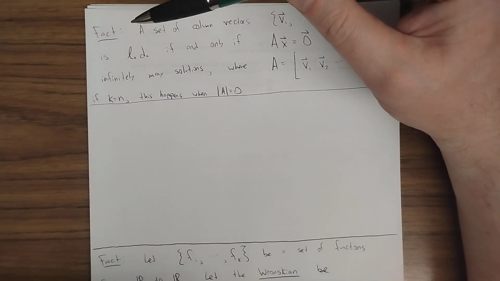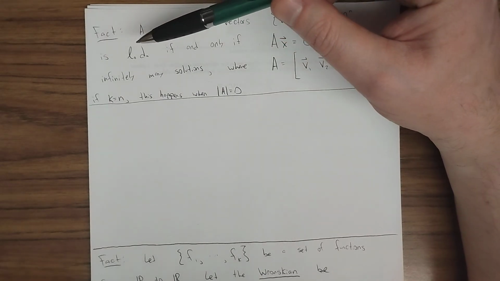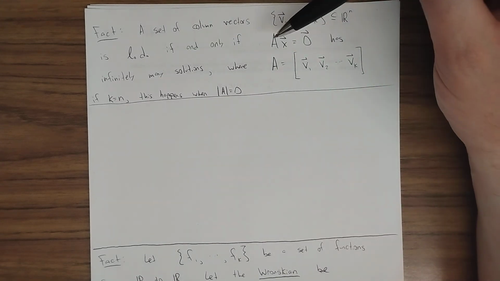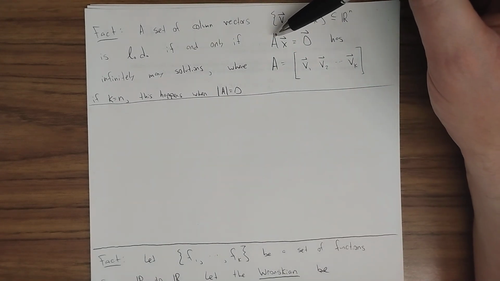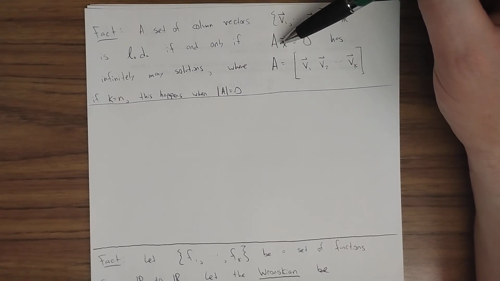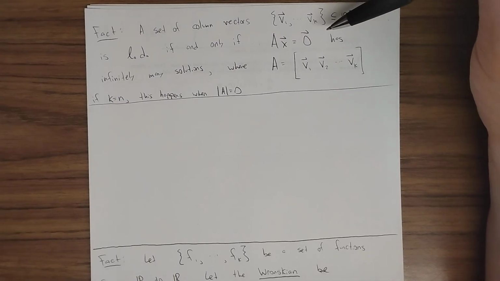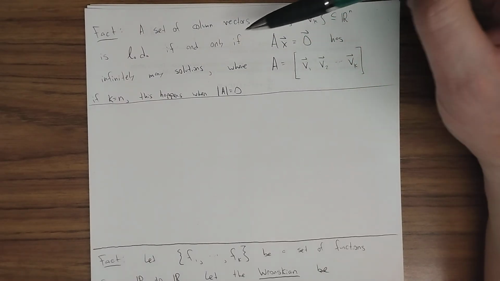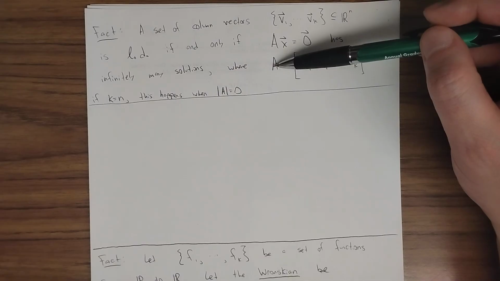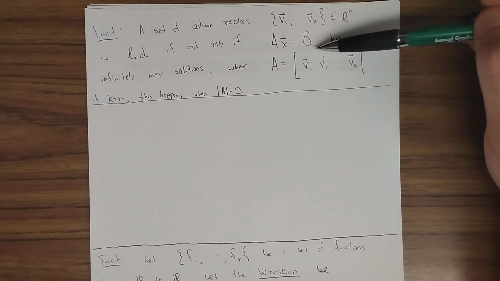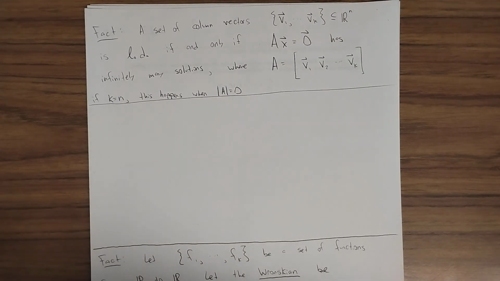So that's linearly dependent, and we actually saw this if and only if the system you get by taking this matrix times x equals 0 has infinitely many solutions, where this matrix A we make by putting the columns of V together.